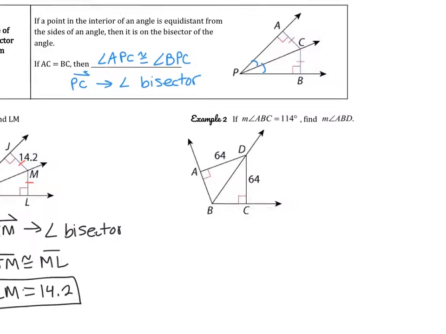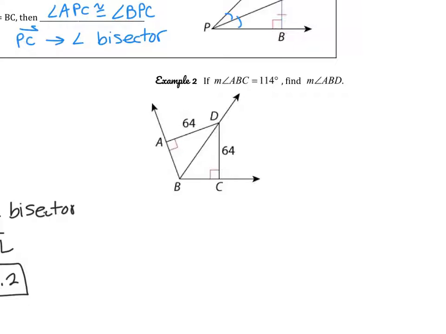Okay, let's look at example 2. Here this says angle ABC is 114 degrees. That's my large angle. Find the measure of angle ABD. Right now I can see that AD is congruent to DC. So using the converse of the angle bisector theorem, we can state that these two angles must be congruent.